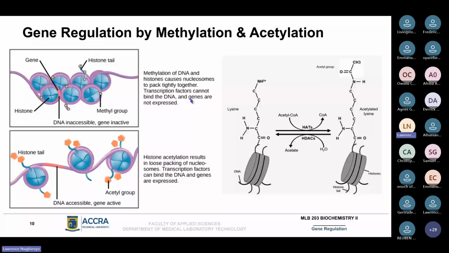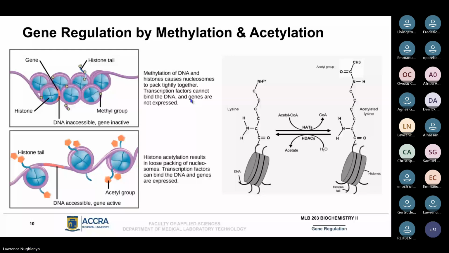Now, what you need to know is that DNA molecules inside the nucleus of a eukaryotic cell are organized in the form of chromatins, which you find in the chromosomes.